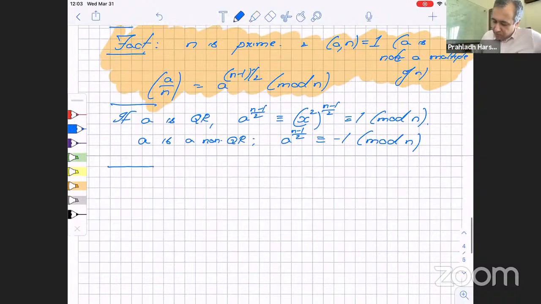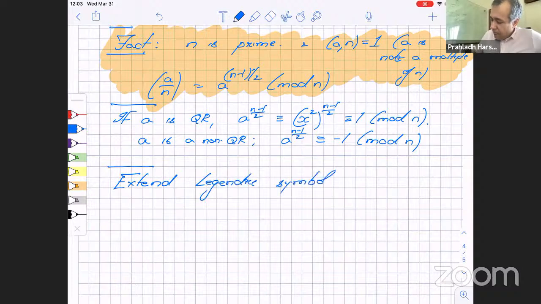Now we're going to do something weird. We're going to extend the Legendre symbol definition to non-prime n.